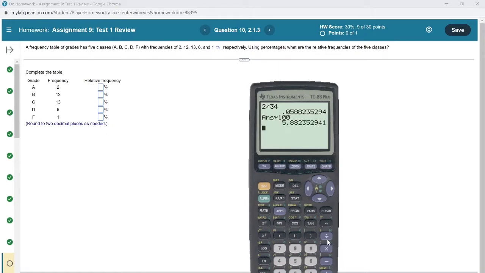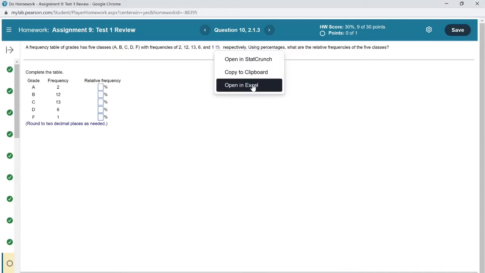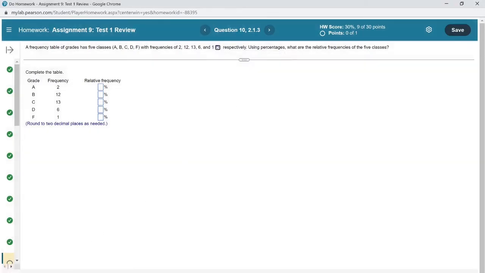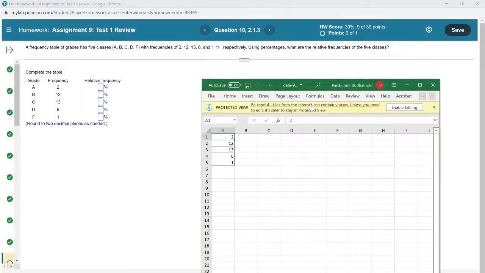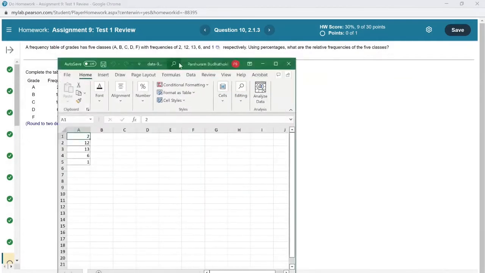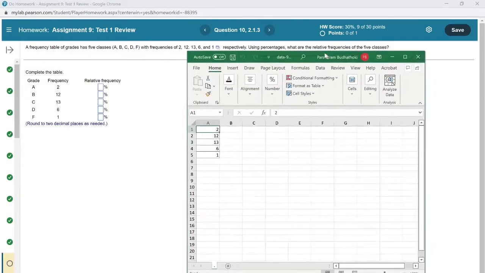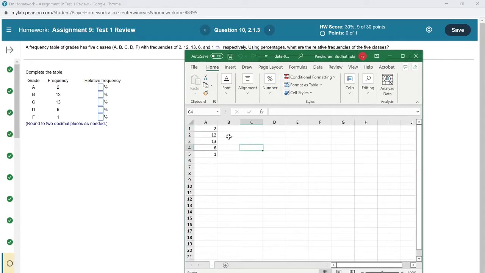I can copy this into Excel and find that information quickly for you, but you can always use the calculator. The total data is 34, and we just divide each of these data by 34 and multiply by 100.